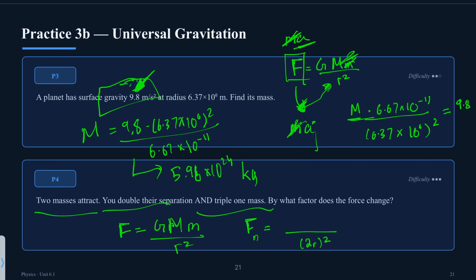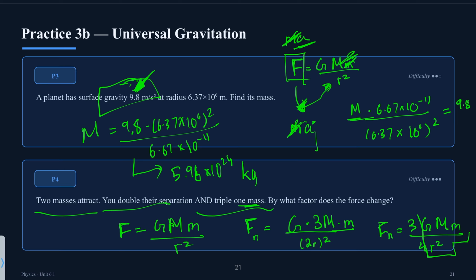Because this r is doubled by 2. You pull it twice as far apart. And then big G times 3 of one mass times the other mass. So in other words, this is just 3 GMm over 4r squared.